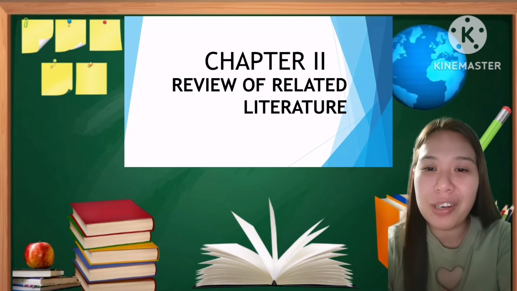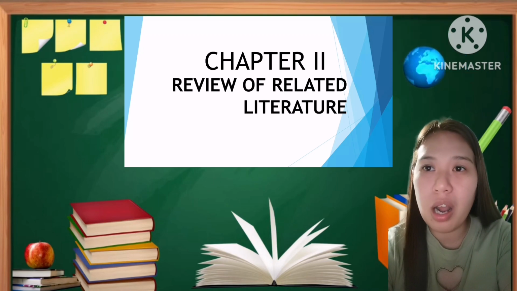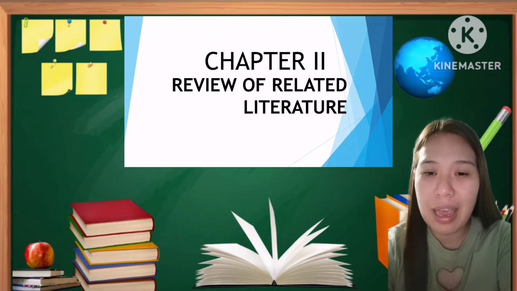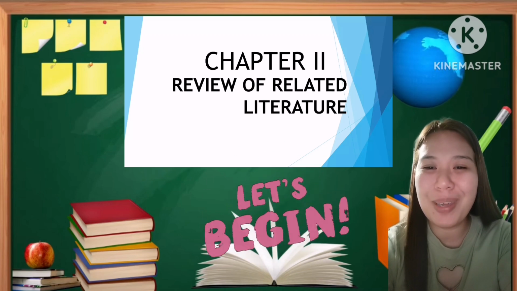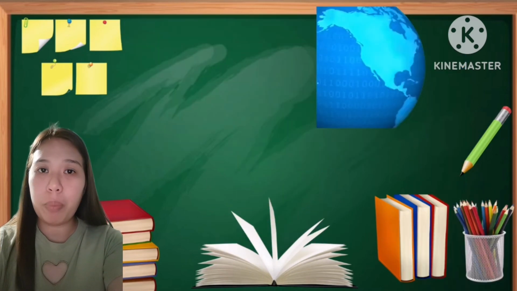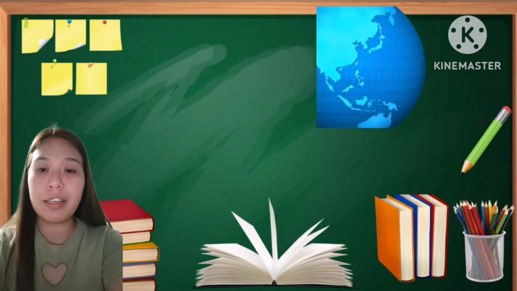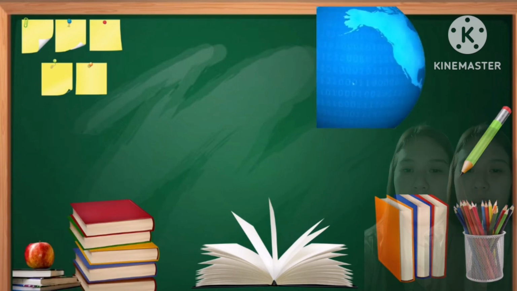And as we progress through this discussion, you will be equipped with the knowledge and structure needed to write a clear and persuasive RRL. Let us begin. There are 5 important main purposes of RRL that you should take note of. These are the following.